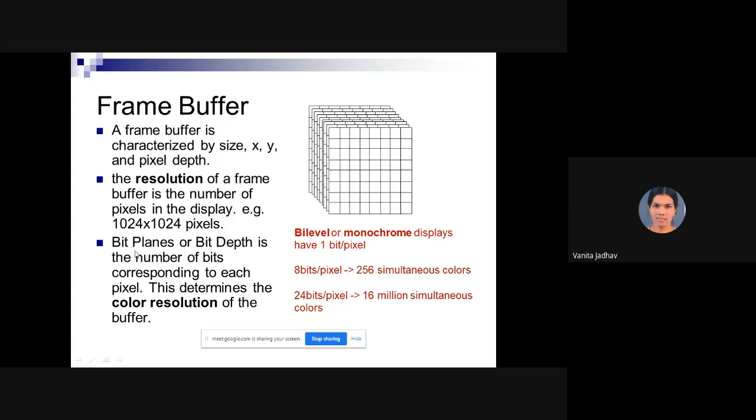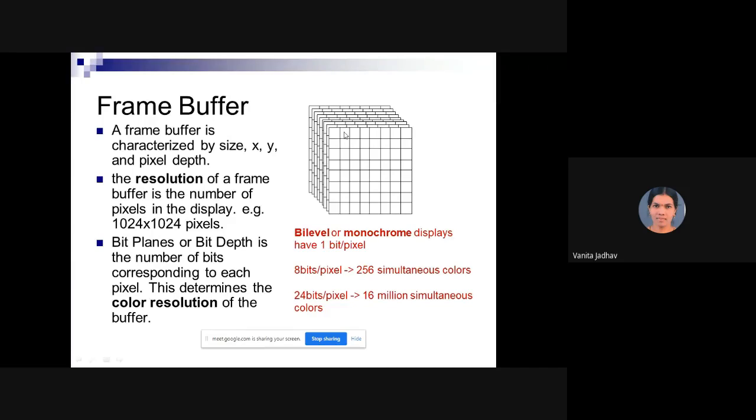Further, they have given the definition of bit planes, or bit depth, which is the number of bits corresponding to each pixel. This determines the color resolution of the buffer. On the right hand side, the frame buffers are shown, with the number of planes. Here 1, 2, 3, 4, 5, 6, 7, 8, 9, so almost 9 to 10 frame buffers are shown.